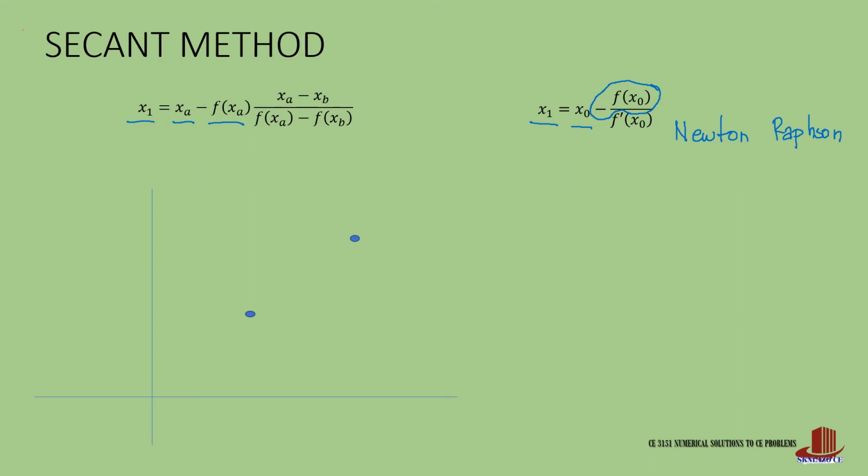Going back to Newton-Raphson, you can see that f prime of x naught would be basically taken as this whole equation. This whole equation is just working with the two-point system in taking the slope of a line.